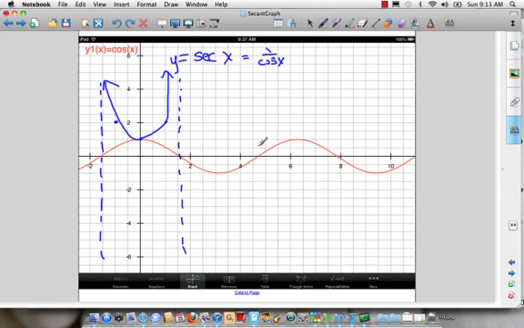I'm not, again, so great at drawing them. And then you're also going to get a vertical asymptote right here, because the cosine wave crosses the x-axis, which means the cosine is 0. And then a similar argument over here, when the cosine is -1, that would mean the secant was also -1.